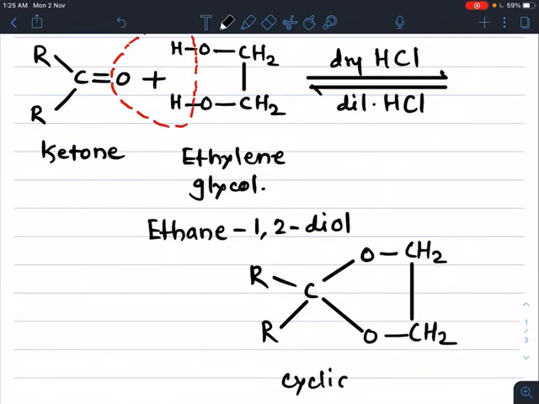So we get a cyclic ketal when a ketone is treated with a dihydric alcohol like ethane 1,2 diol or ethylene glycol. So when any ketone is treated with ethylene glycol, we get its corresponding cyclic ketal.